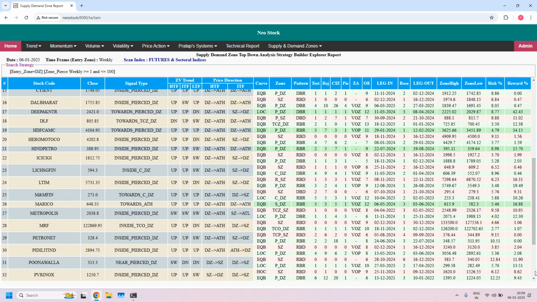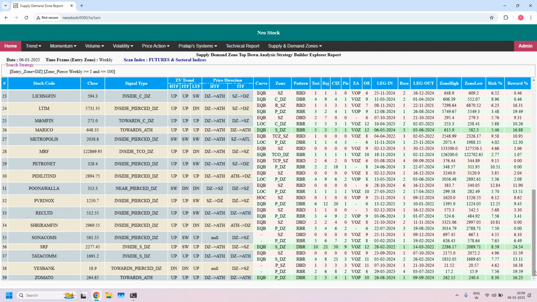Further scrolling the list down. So total 39 weekly pierced zones we have.